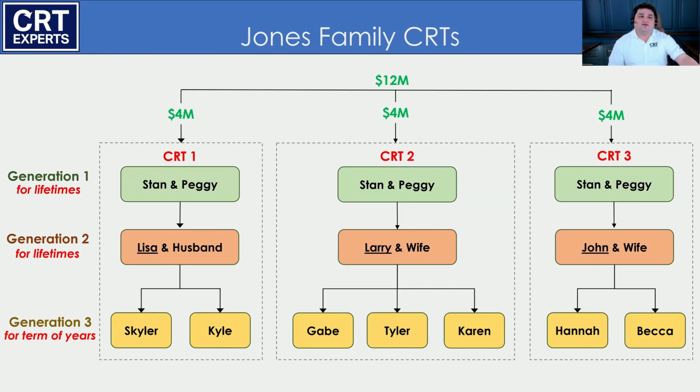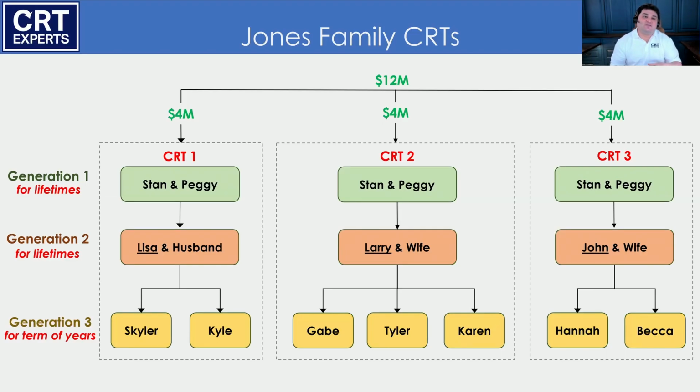Using 3 different CRTs, you can see here this was real estate, 12 million that went equally into these 3 CRTs. This is not more complicated or more costly than using one CRT, at least it shouldn't be, if you keep that administration under one roof. From the family standpoint, there shouldn't be any difference.